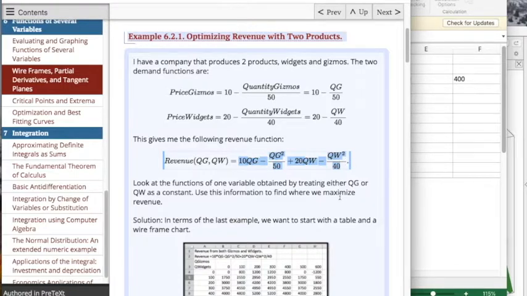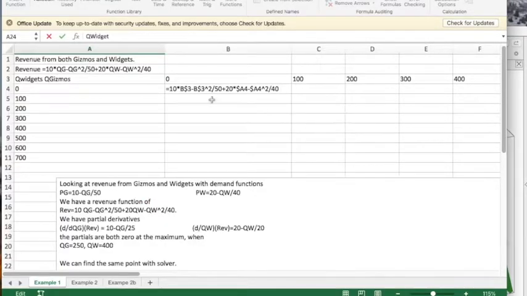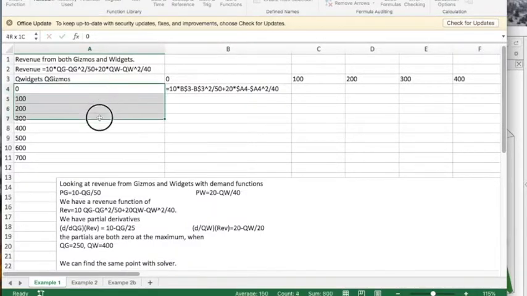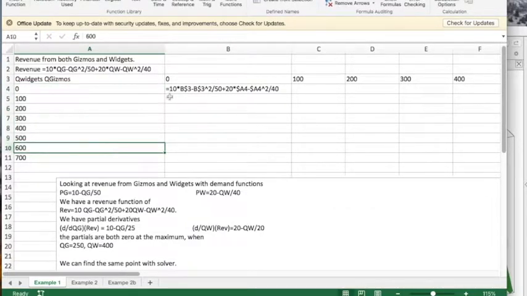We add the two of them together and get the revenue from both selling gizmos and widgets. We can turn this into an Excel worksheet where I have the formula down, my quantity of gizmos is across the top, my quantity of widgets is down the side. Notice that anytime I had a quantity of gizmos, I look up, in this case to B3.